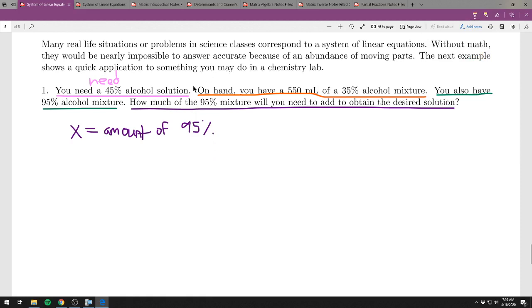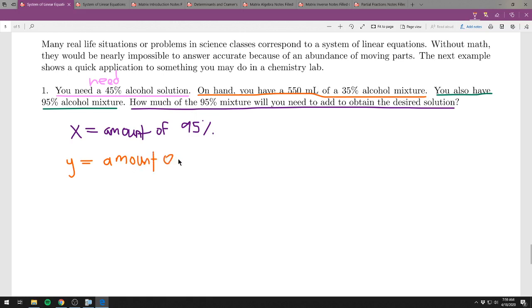Now, a lot of questions like this, you might not actually be told how much of the 35% you have. Maybe you are told by your lab professor to add a certain amount and then figure out how much of the other one to add, which is like this one.